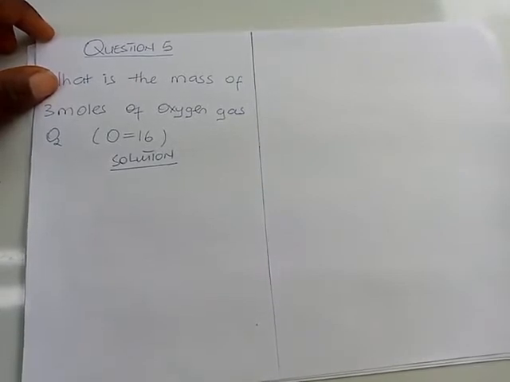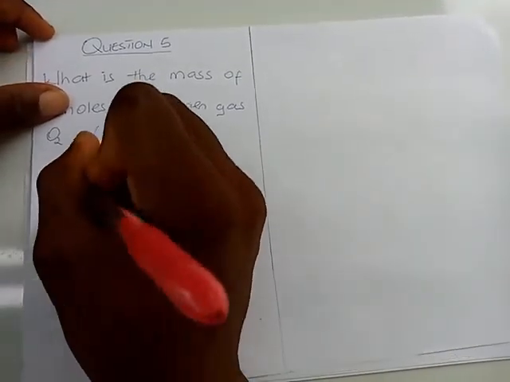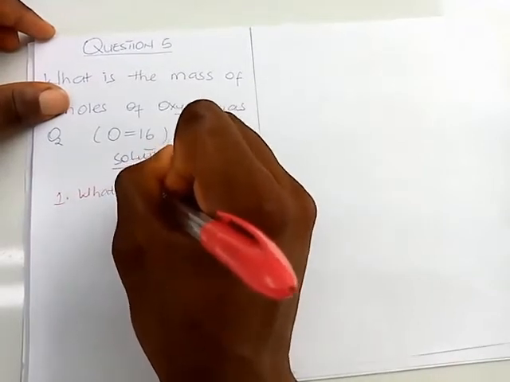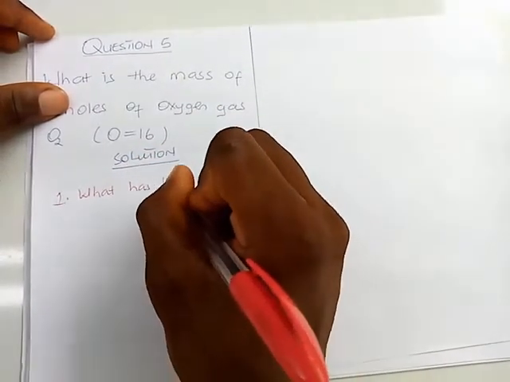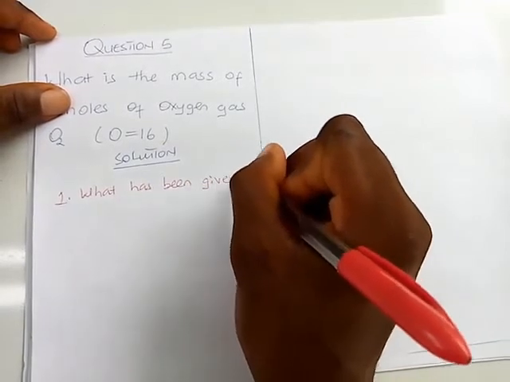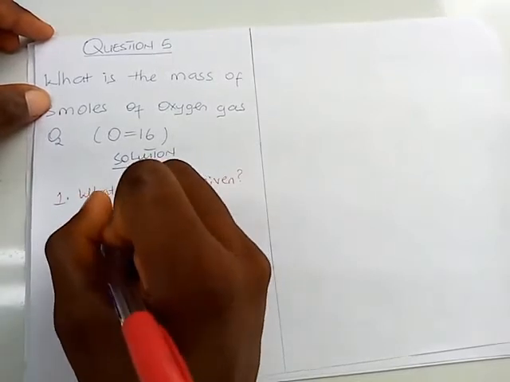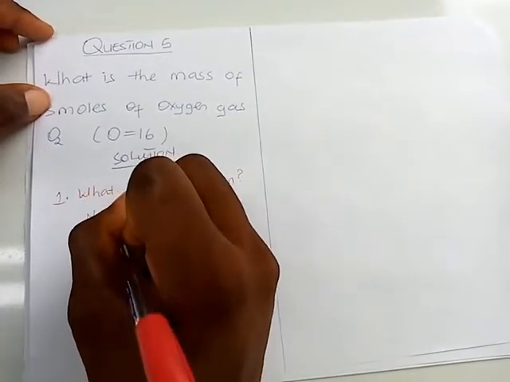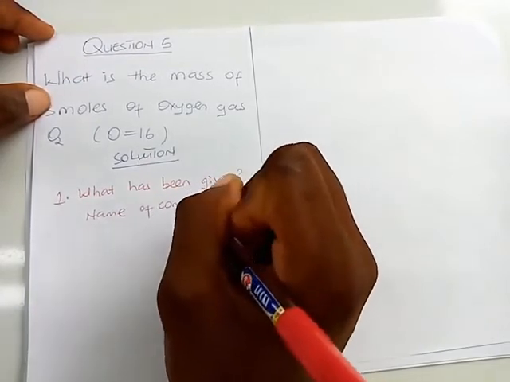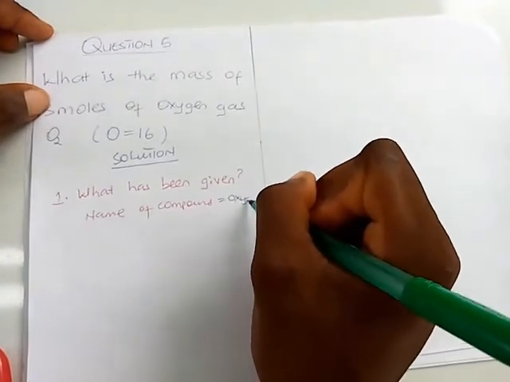Let me just list out the steps here. First step, what has been given? So from this question we have the name of compound, which is oxygen.